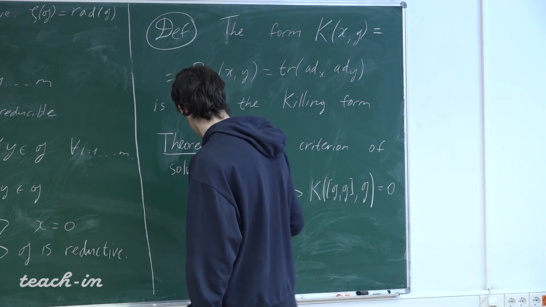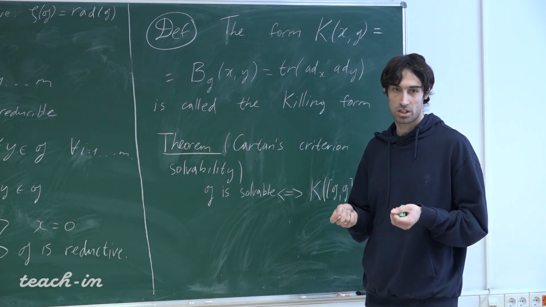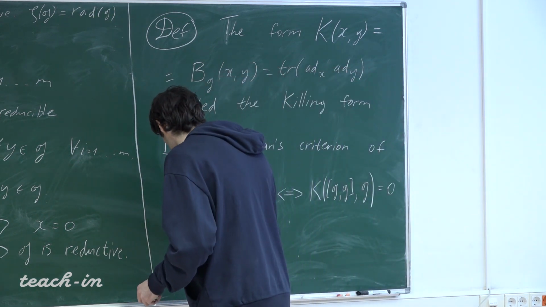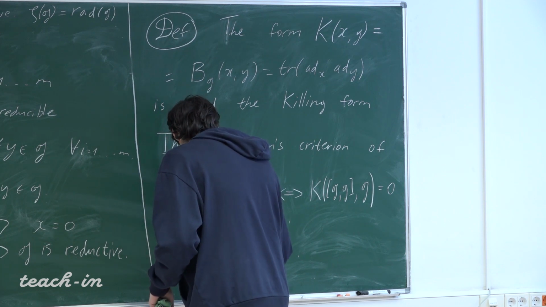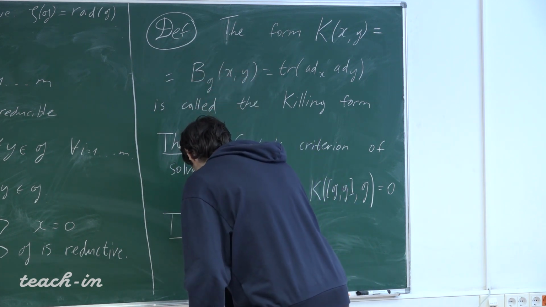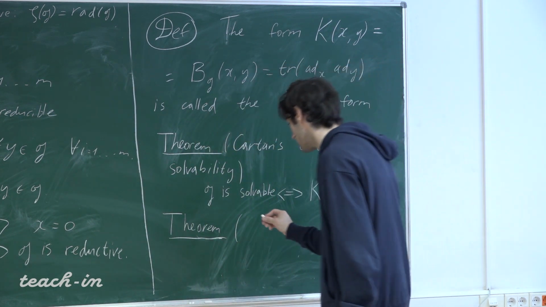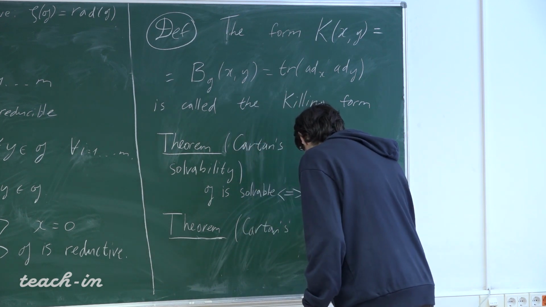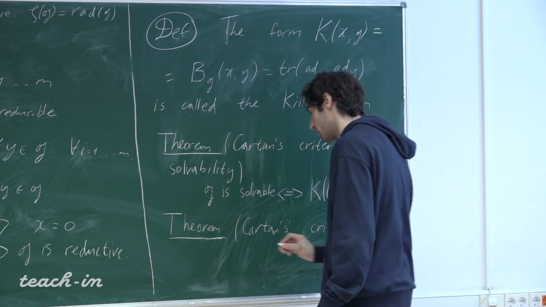This is one very important statement, and this is an instrument in structure theory of Lie algebras that you apply all the time. And another one, which is not less important, is a theorem called Cartan's criterion of semisimplicity.